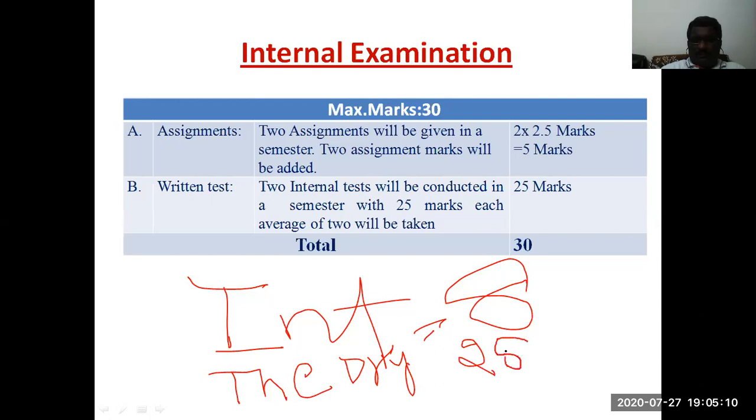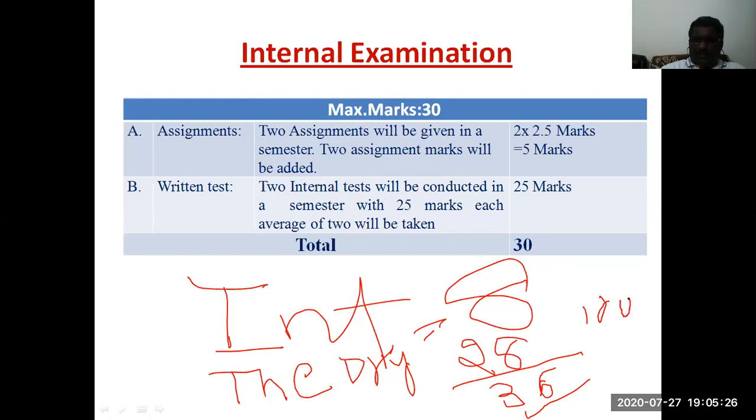Then 28 plus 8 is equal to 36. That means the student has not got 40% of the marks out of 100.